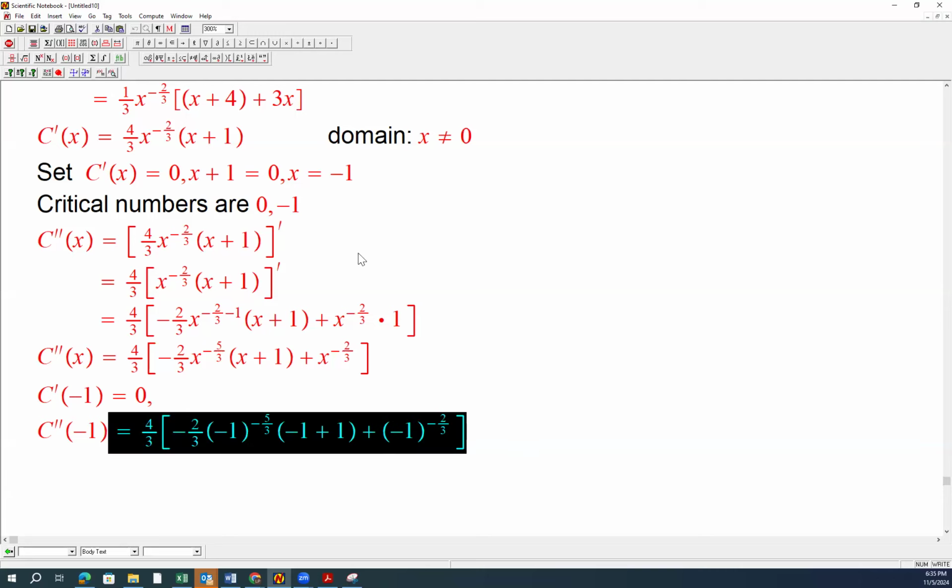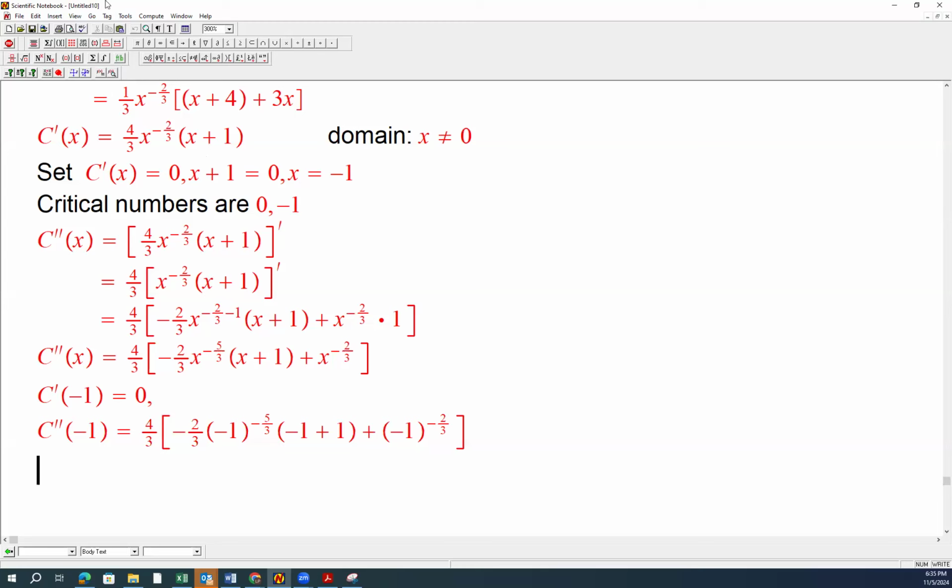Let me show you. -1 plus 1 is 0. 0 times anything is 0. So that's 0. And what is this? Be careful, you need to know how to evaluate this.